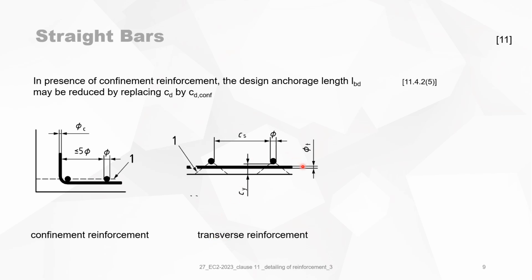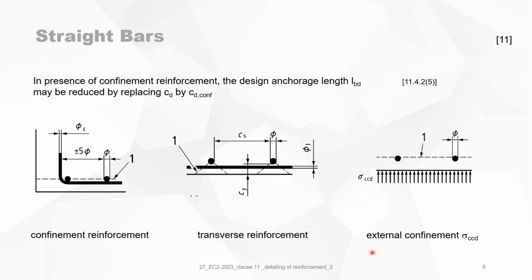Transfer reinforcement is the horizontal bar denoted by Vt, transversal reinforcement. And then you can also have an external confinement, which is an applied force sigma cd, that can also play a role in calculating the coefficient cd confinement. Just remember that in the formula for anchorage length, the bigger cd, the less anchorage length you need. And cd confinement is always bigger than cd.